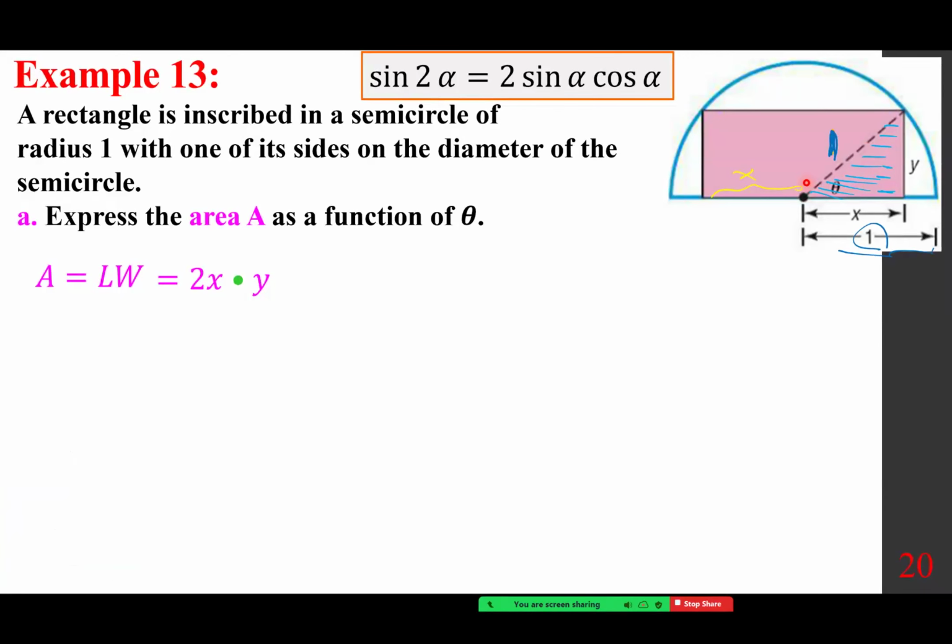So one more time, sine theta is y over 1. Cosine theta is x over 1.